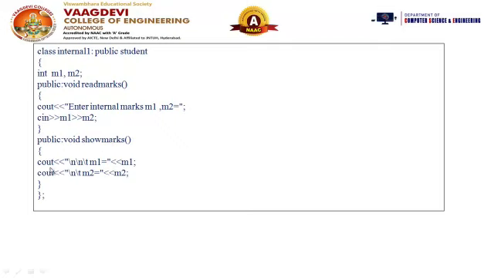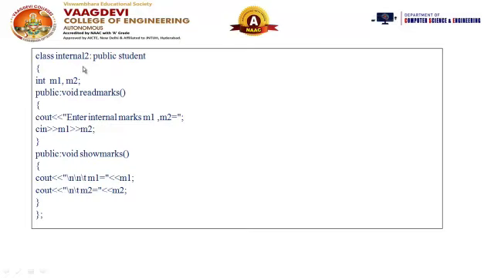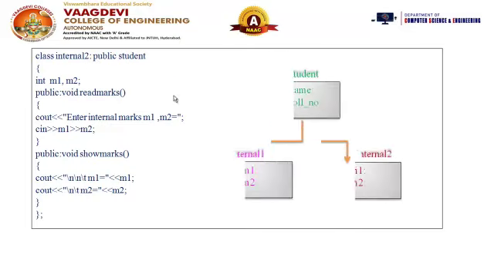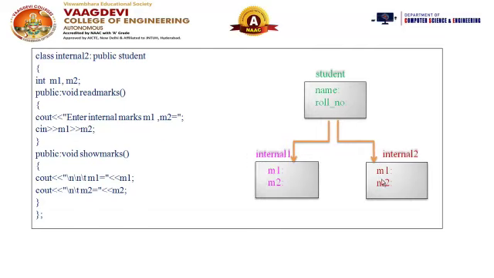This statement establishes a link between internal 2 and the student class. Here, internal 1 and internal 2 are inherited from the student class. Therefore, all the properties of the student class are inherited into the internal 1 and internal 2 classes.